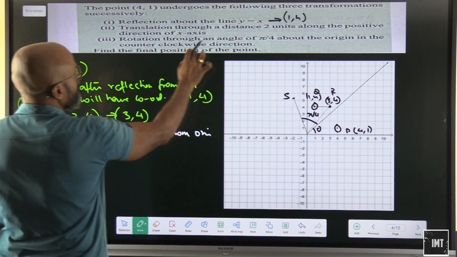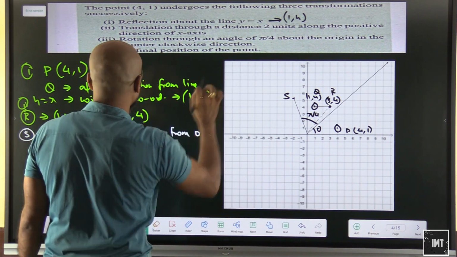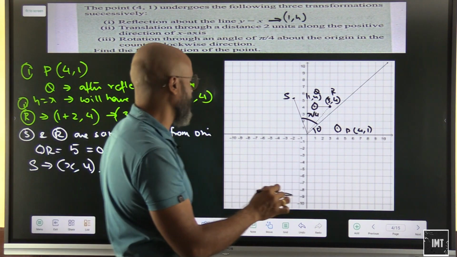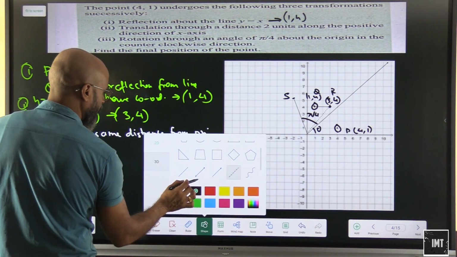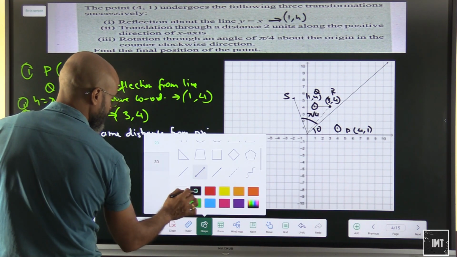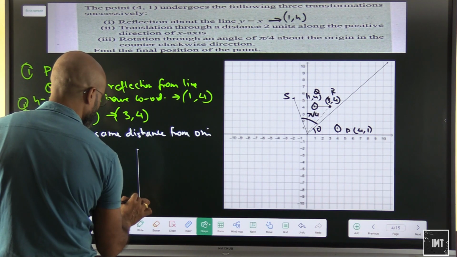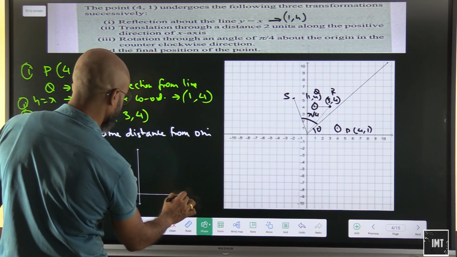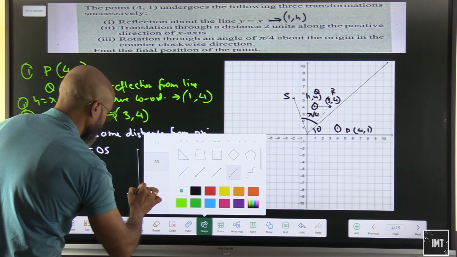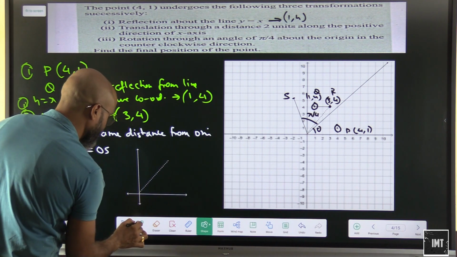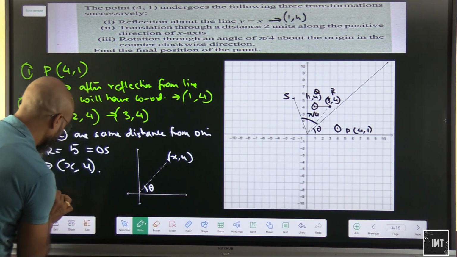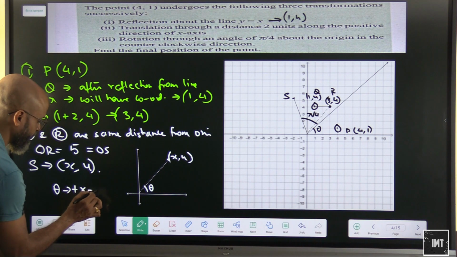Now you have to find the final position after rotation through an angle of pi by 4, so basically you have to find the coordinates of S. Before we do that, we need a general idea of how to find coordinates. Let's say on any axis I locate a point (x, y), and this point makes an angle of theta with the positive x-axis.